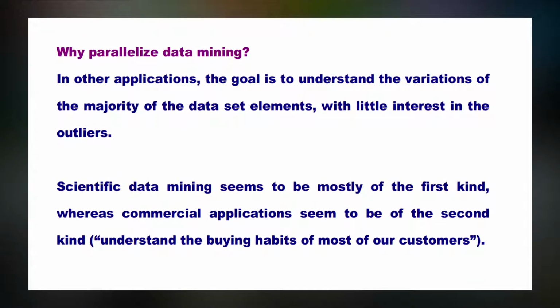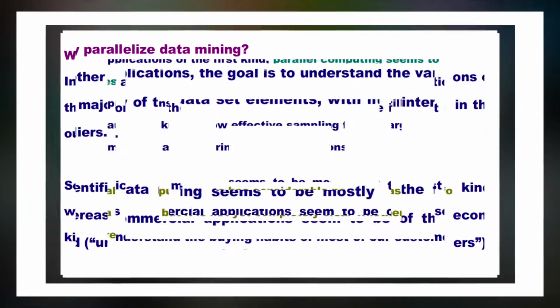But in other applications, the goal is to understand the variations of the majority of the data set elements, with little interest in the outliers. Scientific data mining seems to be mostly of the first kind, whereas commercial applications seem to be of the second kind, that is, you will try to understand the buying habits of most of the customers.